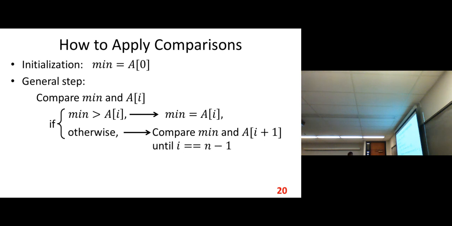We do all the comparisons until I equals n minus 1; after that, I plus 1 is out of bound, you don't have this element.